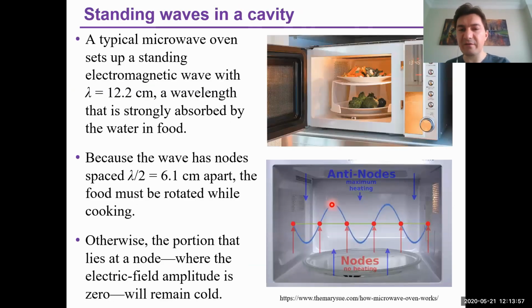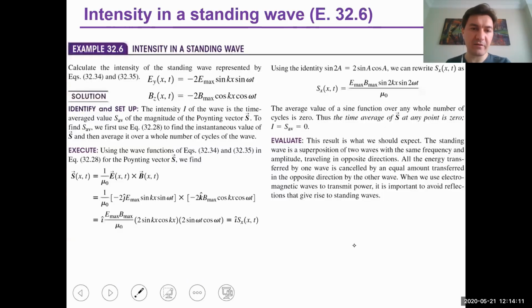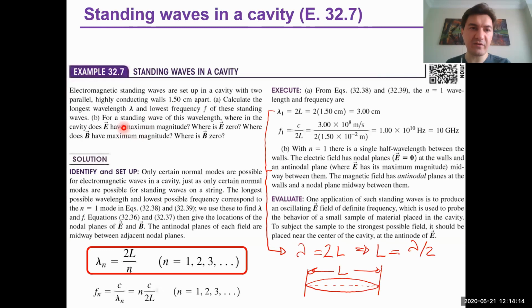E has maximum magnitude on the antinodes and 0 around the nodes. So this is asked within the question: where in the cavity does E have maximum magnitude? Where is E 0? Where does B have maximum? Where is B 0?